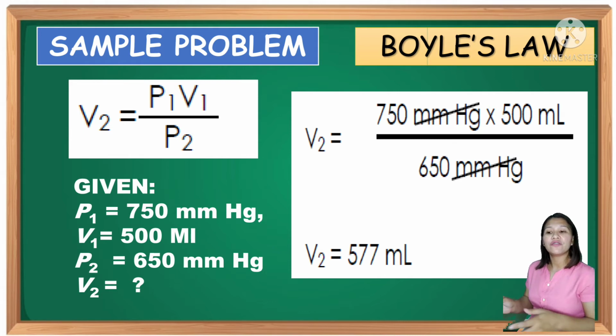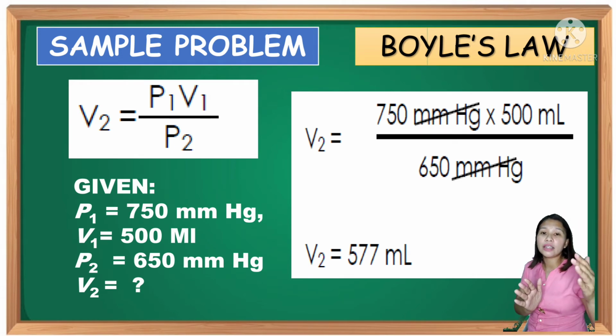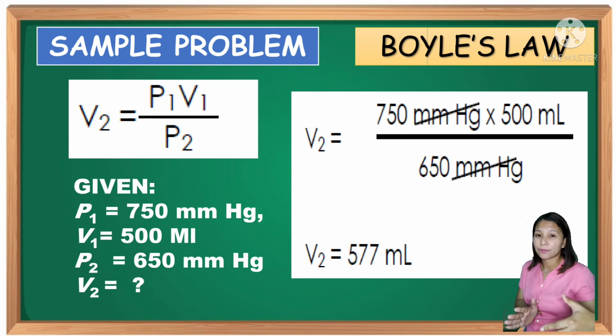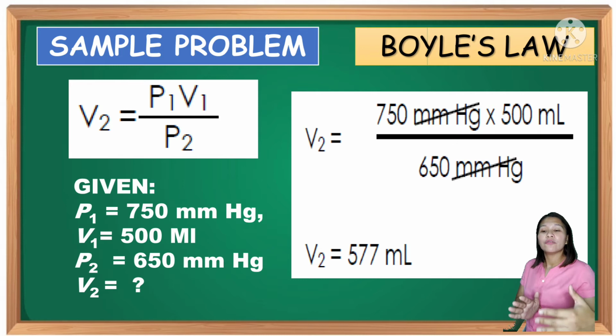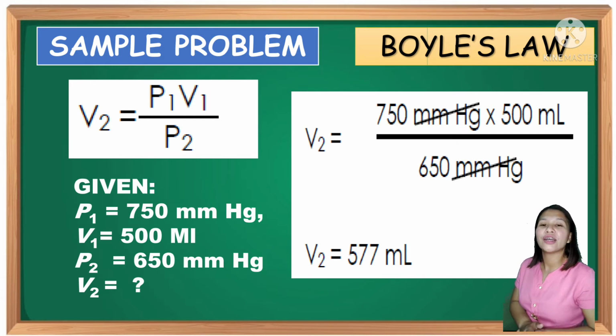Then we multiply 750 by 500 ml, then divide it by 650. So we have the final answer for V sub 2, or the final volume, which is 577 ml.